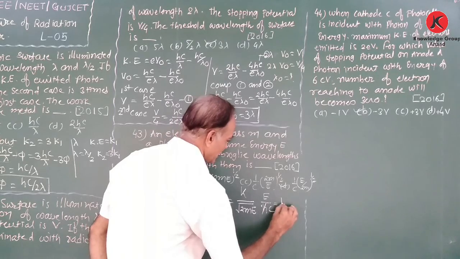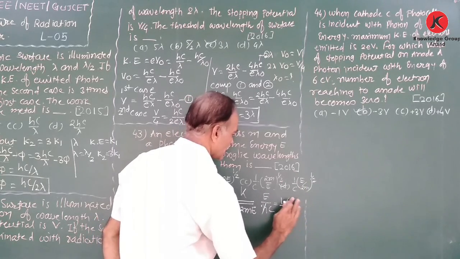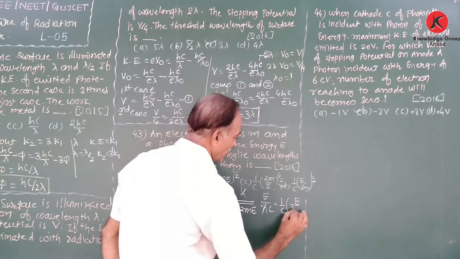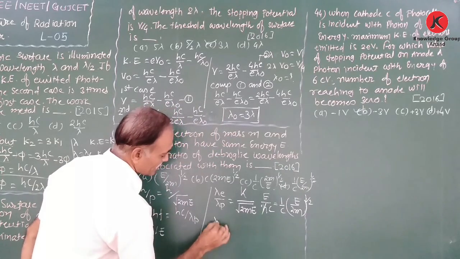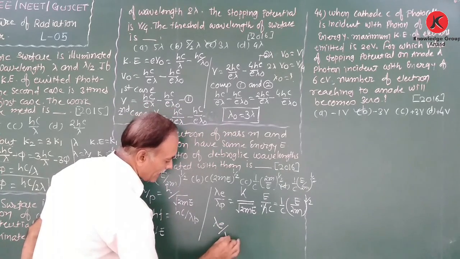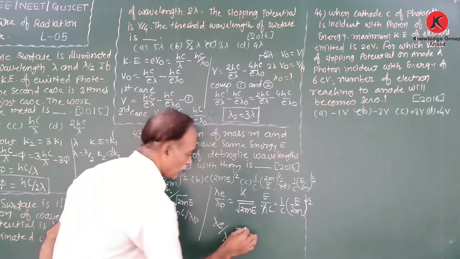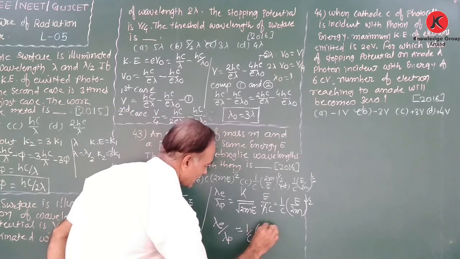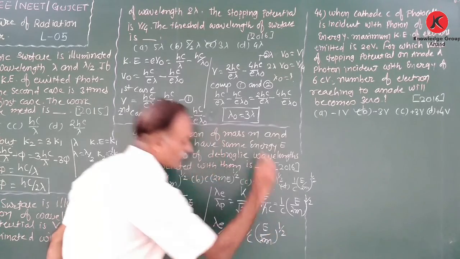Therefore, we obtain 1 upon c, under root of E upon 2m, raised to half. Therefore, ratio of wavelength of electron to the wavelength of photon is 1 upon c into bracket E upon 2m raised to half.